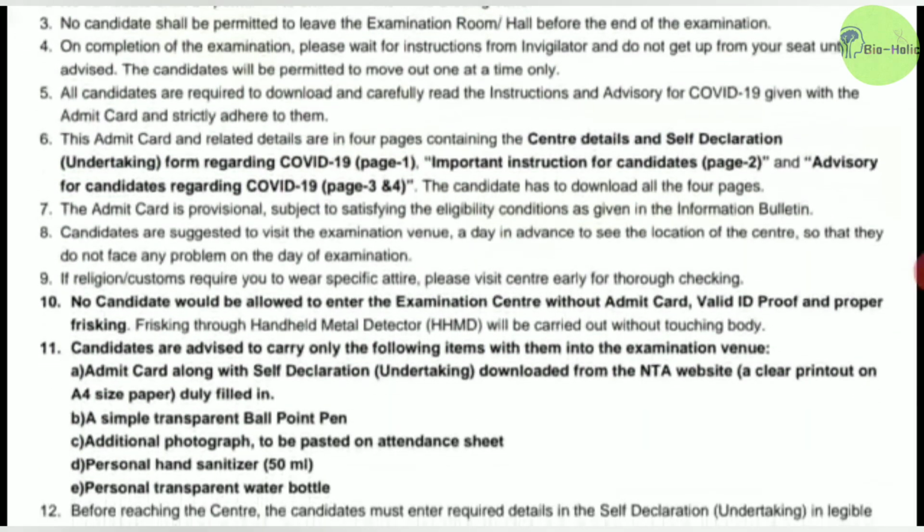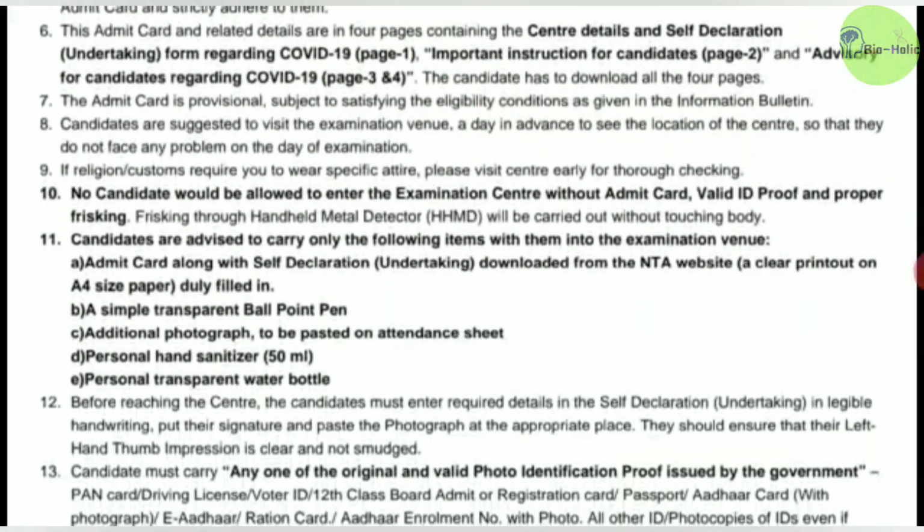In point number 11, which is very important especially for this crucial period, first of all, you have to print out the admit card on A4 size paper, then carry your voter ID card or any other ID proof, then a black or blue ball pen, and an additional photograph, which is very important.